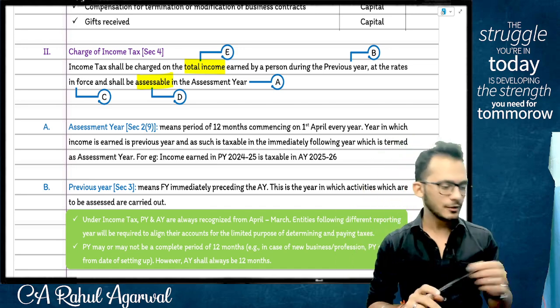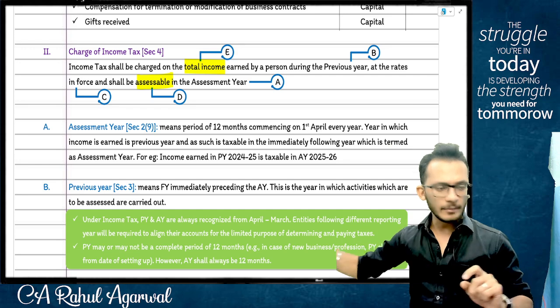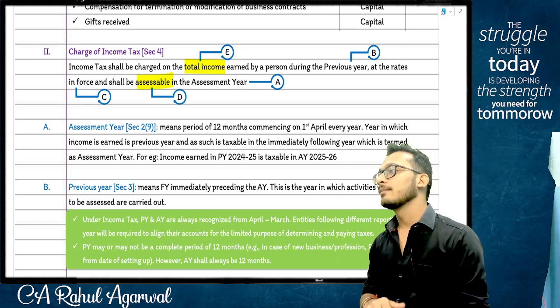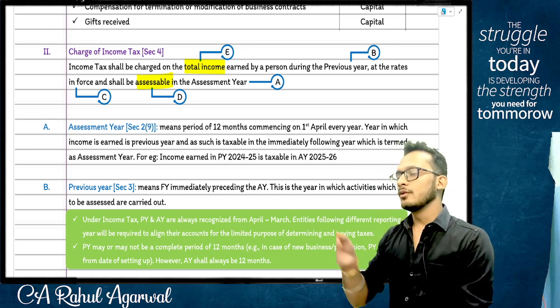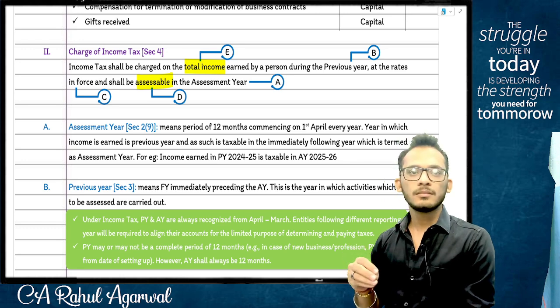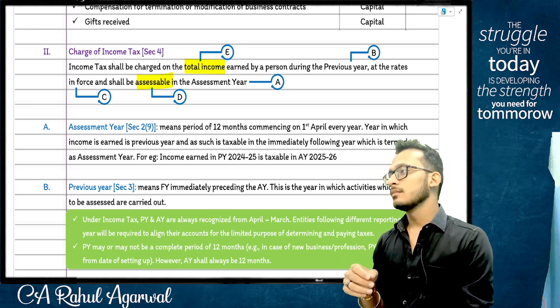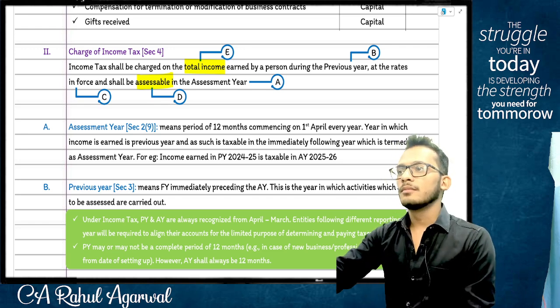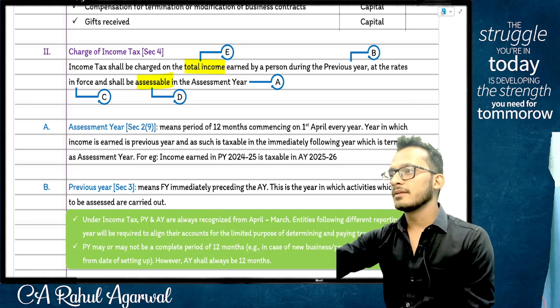Simple, straightforward question to you. You are today in November. Today you have earned, let's say, 1 crore rupees income. You will pay tax tomorrow? No. Day after tomorrow? Month end? December?